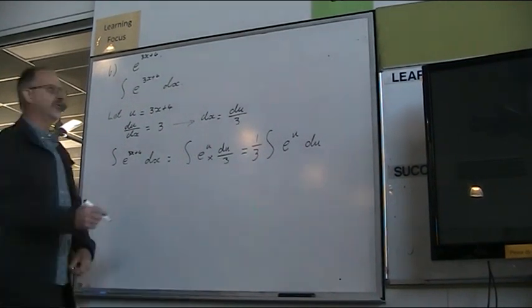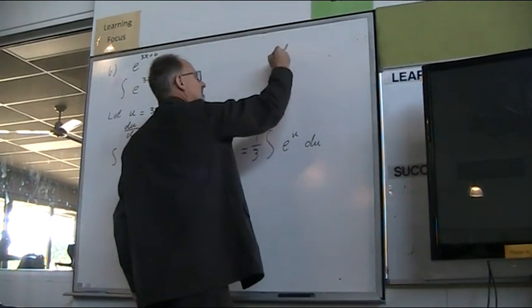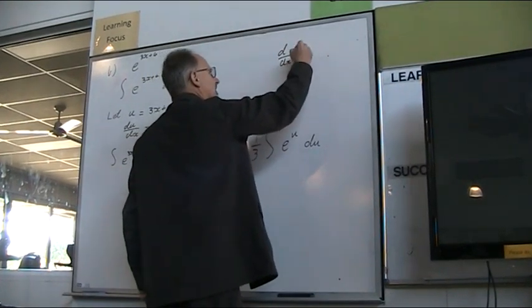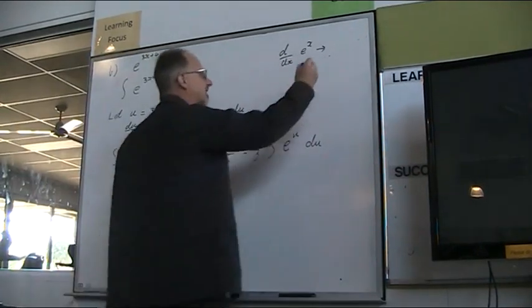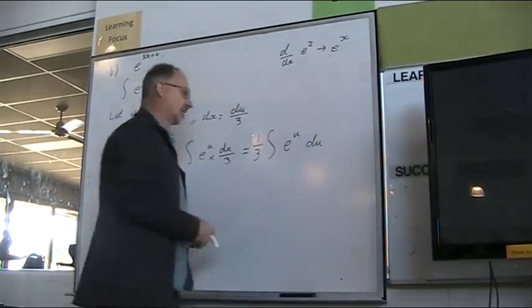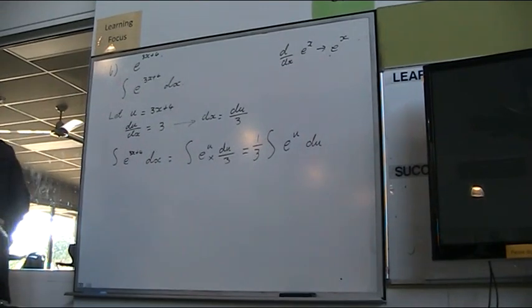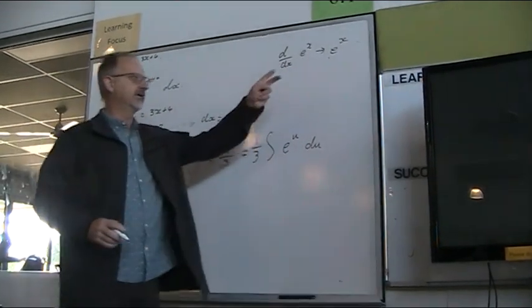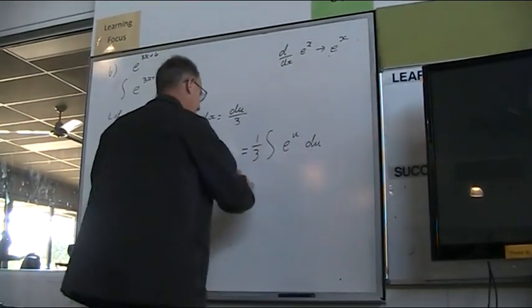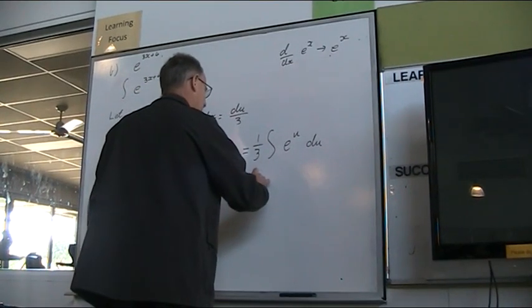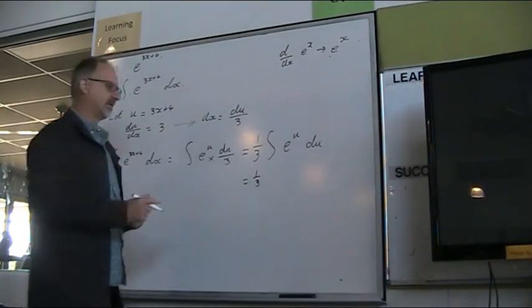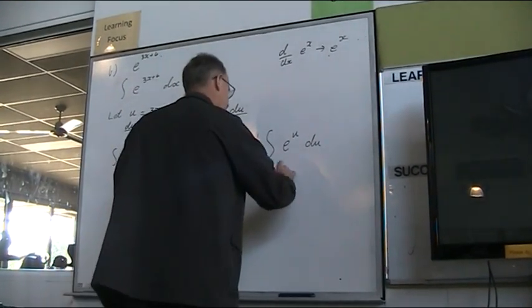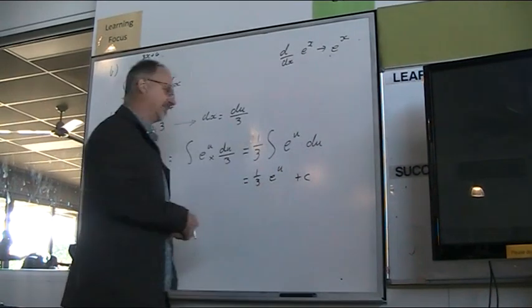Now when we differentiate e to the x, what do you get? Just e to the x, yeah? And so if I anti-differentiate, again it's got to be e to the x. So if I anti-differentiate e to the u, what do we get? e to the u plus some constant.